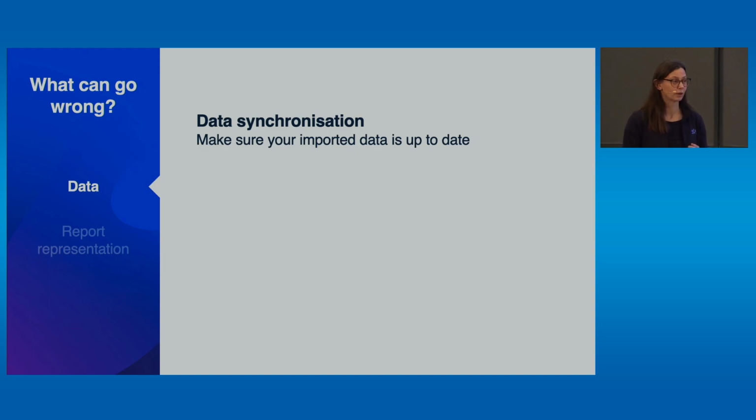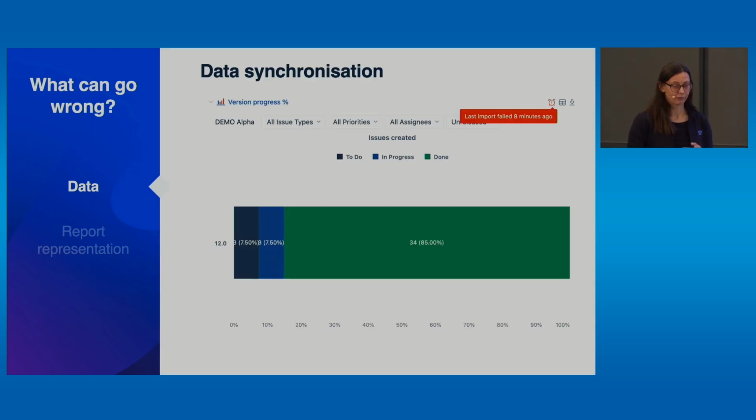eazyBI works on imported data. The data you have, is it synchronized or not? You would like to make sure that imports are working. In the latest versions, we added more indications so that every user can check if the latest import was successful or not.